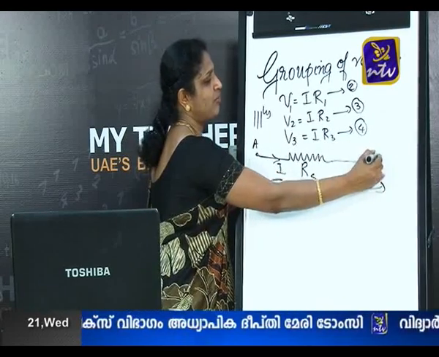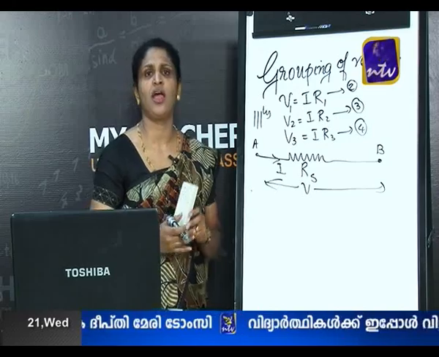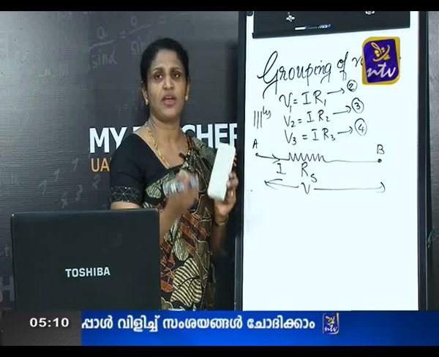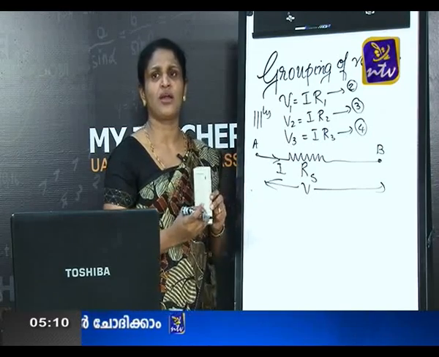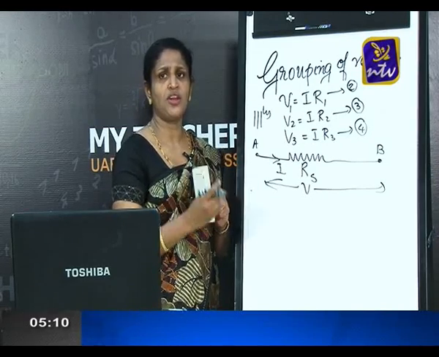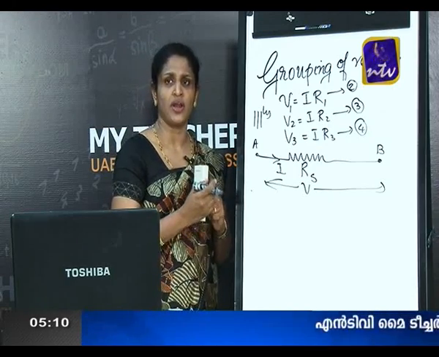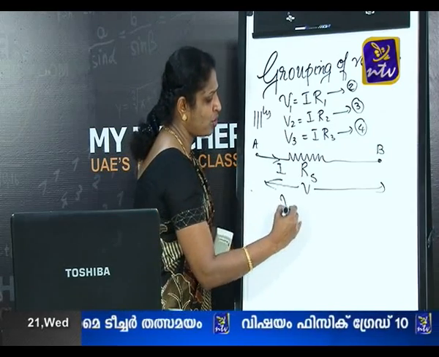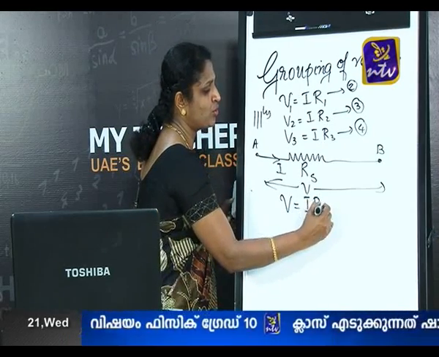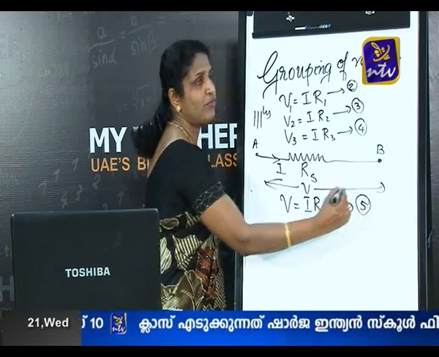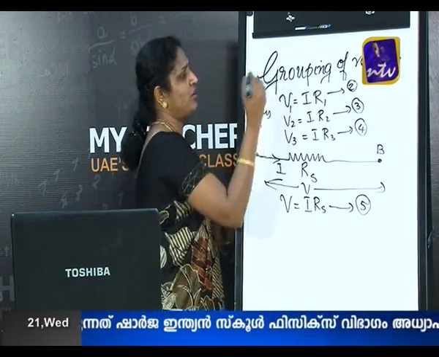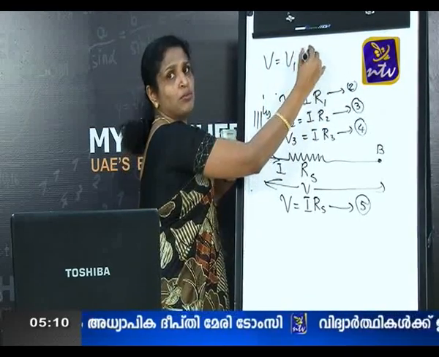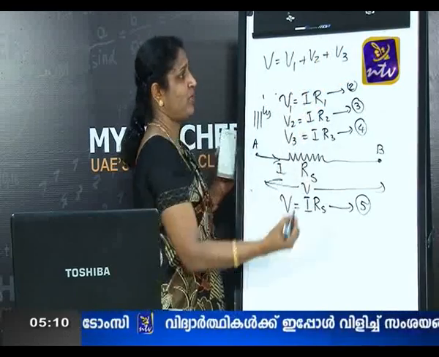This single resistor behaves exactly like the three resistors connected in series, sending the same amount of current using the same source. According to Ohm's law, V is equal to IRs, equation number 5. And the first equation was V equal to V1 plus V2 plus V3.